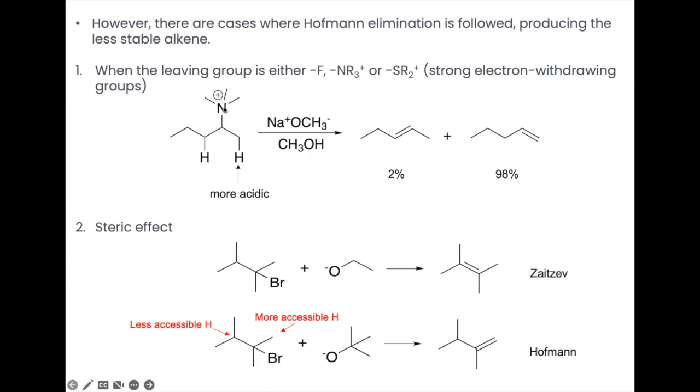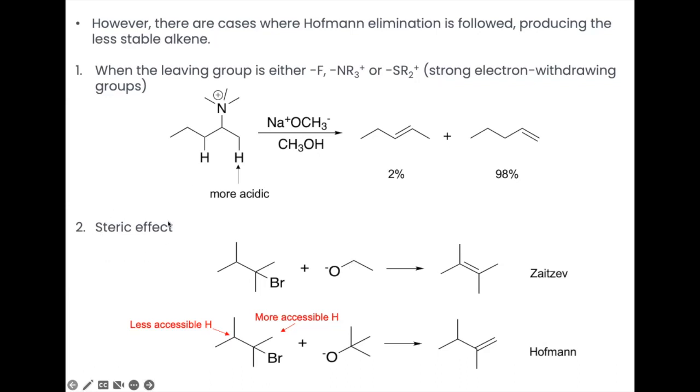So, for example, here you have an alkyl ammonium group, and that has a great effect on the acidity of the protons. It turns out this proton is more acidic than this one. And because our reaction is acid-base, again, your alkoxide is a base, so it will attack the most acidic proton, which is this one. Okay, leading to a Hofmann elimination product.